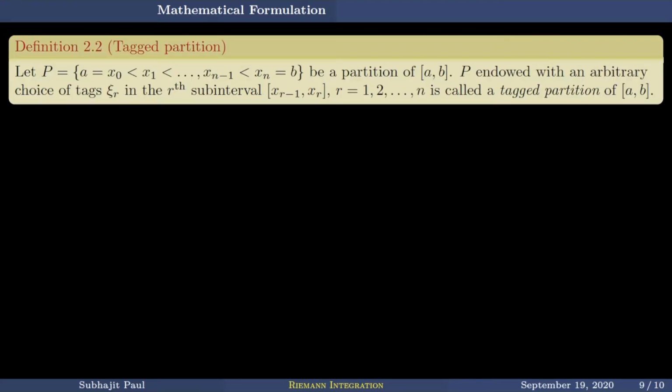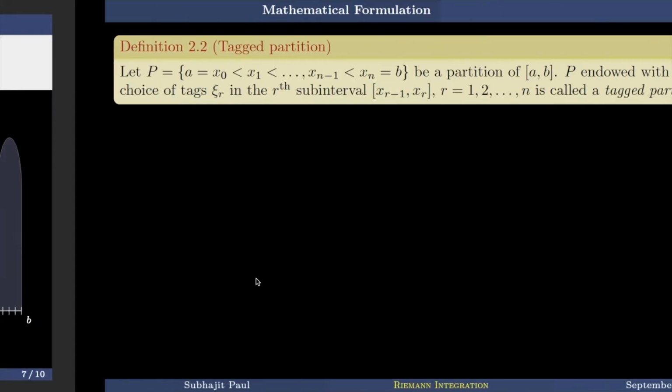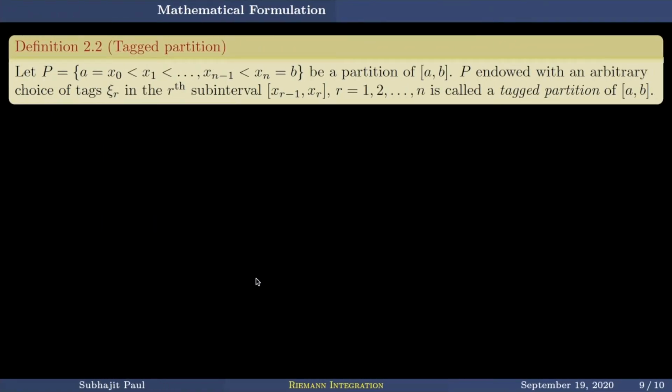Next, what is called a tagged partition. Now we are up to the first perturbation. What is a tagged partition? Let P be a partition of [a, b]. P endowed with an arbitrary choice of tags xi r in the rth subinterval is called a tagged partition of [a, b].